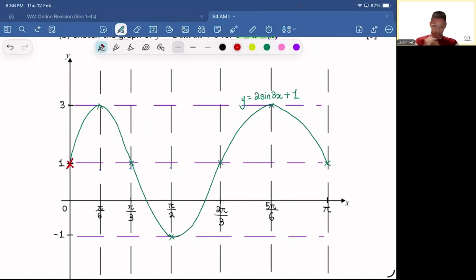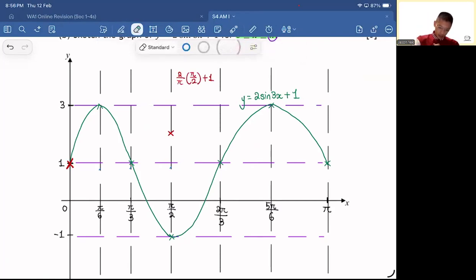Okay, I draw a bit. Then you realize another point you can sub in is, based on my scale, x over 2. If you type x over 2, I am going to have 2 pi over 2 plus 1. This is going to give me 2. So roughly here. Then calculate one more point to play safe, when x is pi.